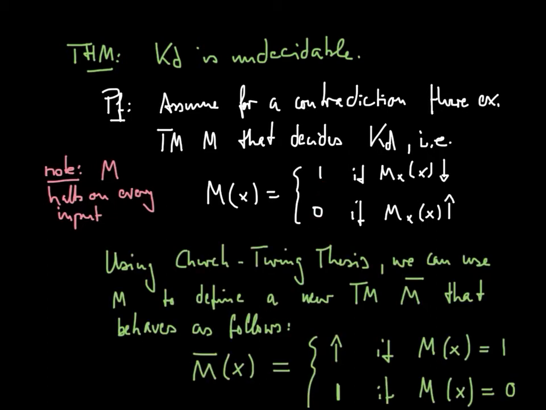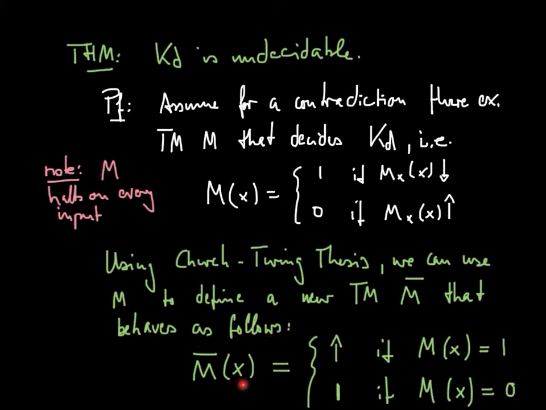And now comes the crucial part of the proof. Using our machine M, so the assumption that M exists, we can use the Church-Turing thesis to define a new Turing machine, M bar, that behaves as follows.